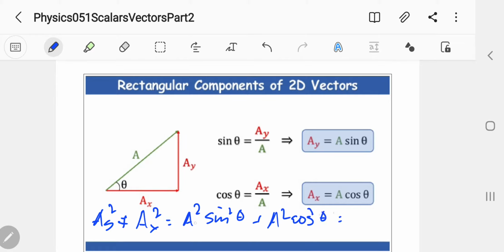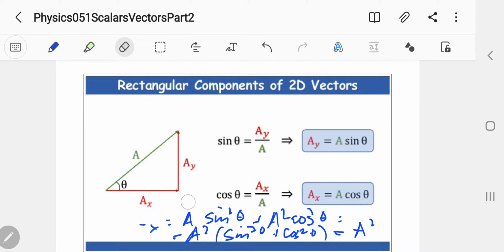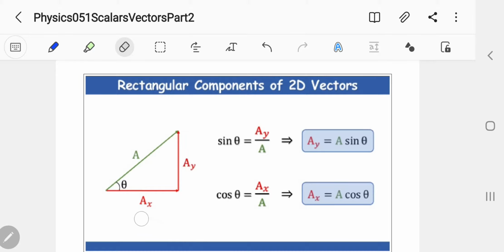This is equal to a square times sine square theta plus cosine square theta. What is cosine square theta plus sine square theta? That's just equal to 1. So you have a square. So next time I have to write more legibly.